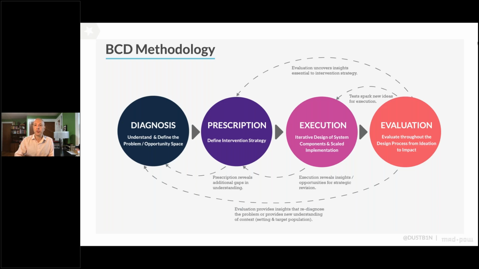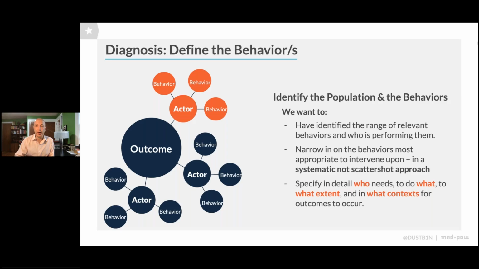Probably no surprise there, but really thinking about evaluation as an activity that's essential throughout that design process. So if we start at the beginning, and we think about the outcomes that we want to achieve, and the behaviors that need to change, that's where we start.